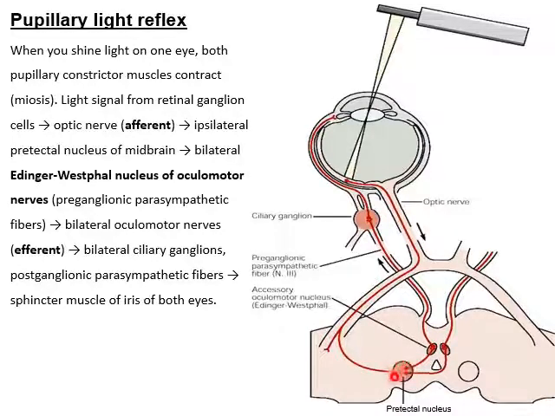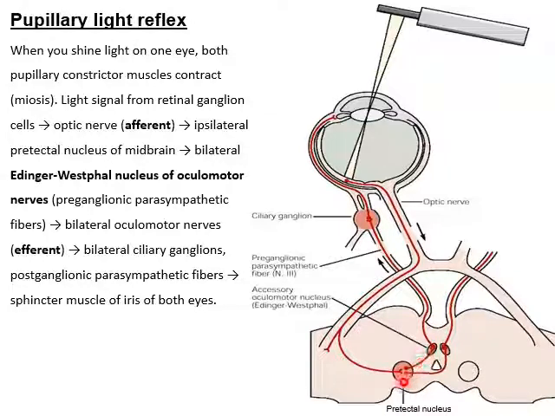From the pretectal nucleus, the fibers go bilaterally, as you see. They reach the bilateral Edinger-Westphal nucleus. The Edinger-Westphal nucleus is called the accessory oculomotor nucleus.